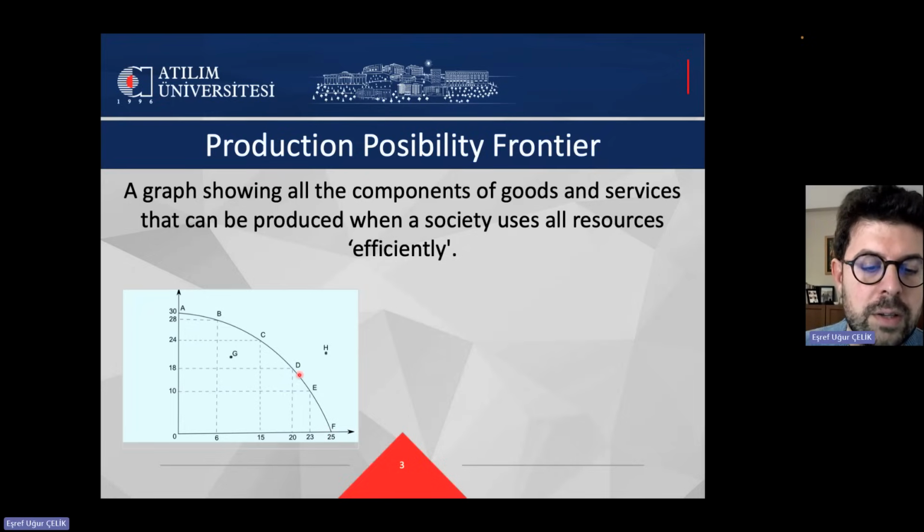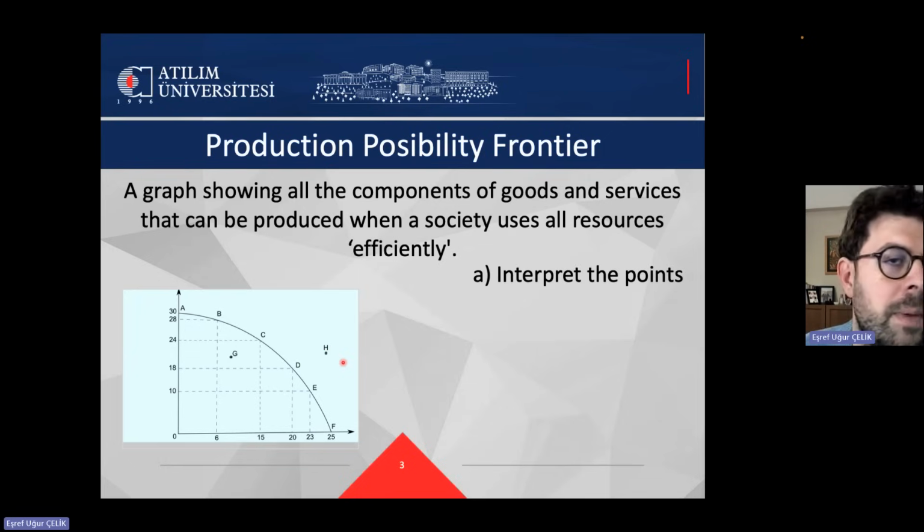That's why if you are on the PPF curve, it is called efficient. If you are inside the production possibility frontier, that is called inefficient. If you are outside the curve, that is called unattainable.